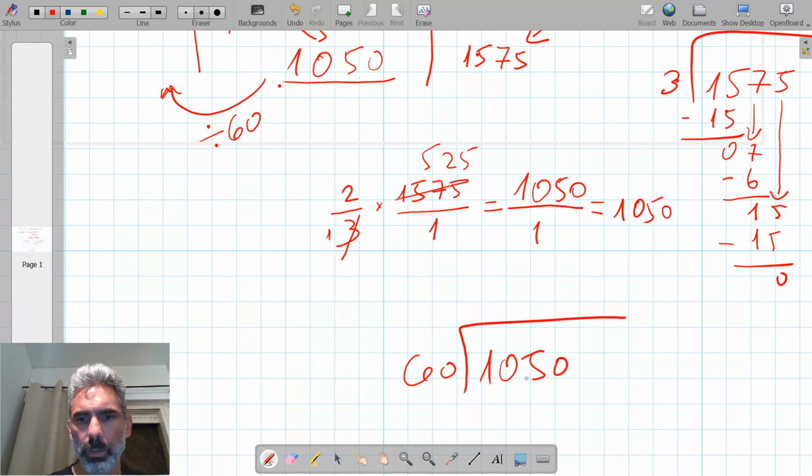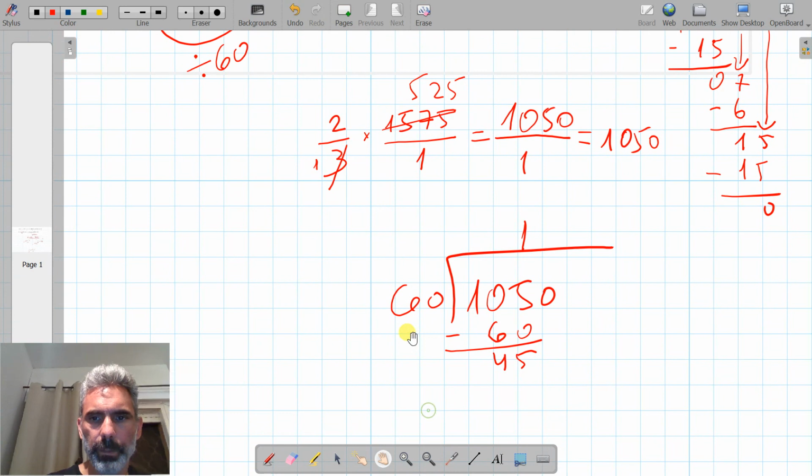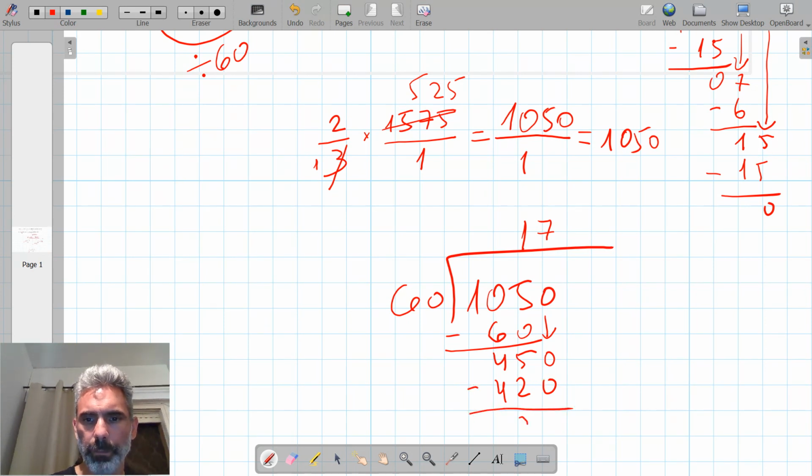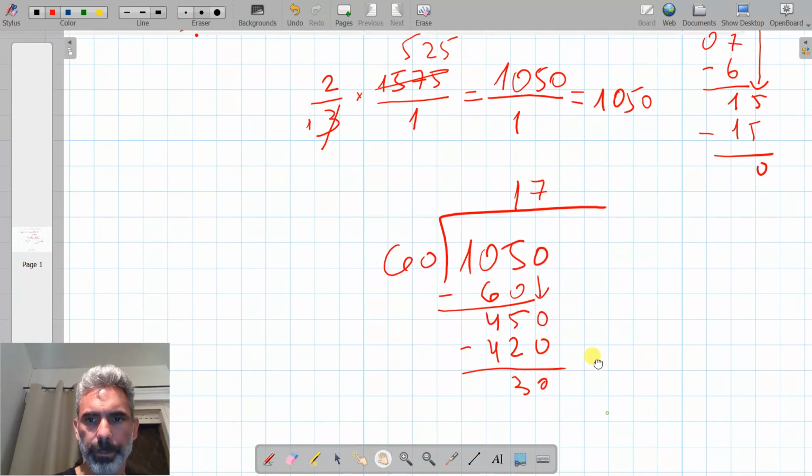Okay, 60 goes into 105 one time. 1 times 60 is 60. Subtract, 45 left. 60 doesn't go into 45. Bring down 0. 60 goes into 450 7 times. 7 times 60 is 420, and 30 remainder.